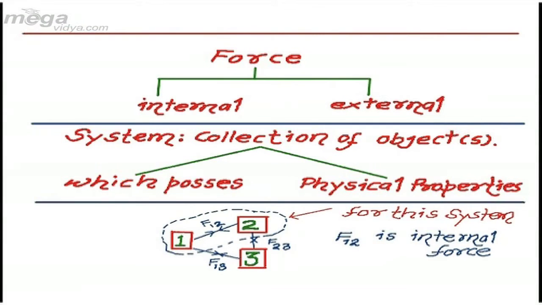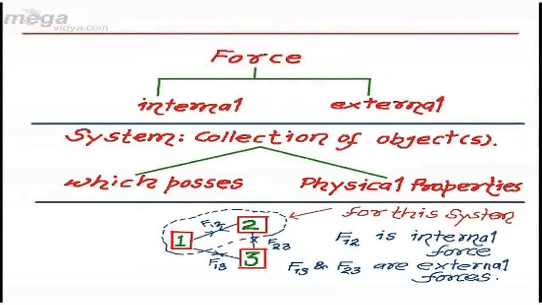And on the other hand, F13 and F23 are external forces because these forces on this system is acted by an object which is outside the system.